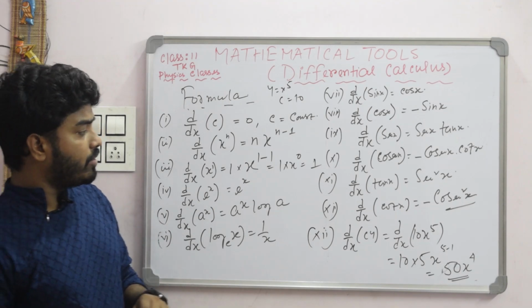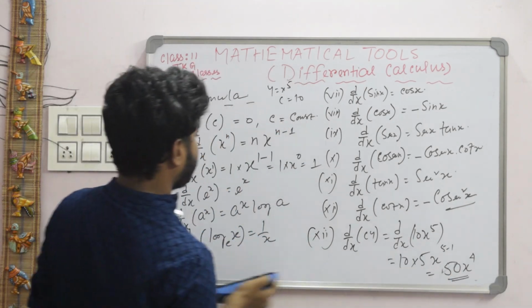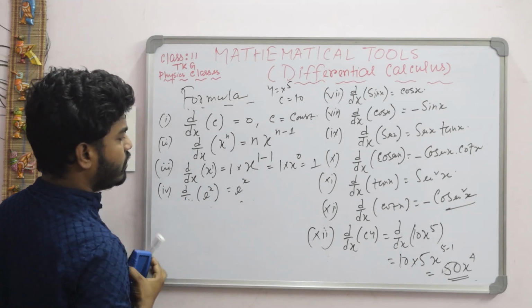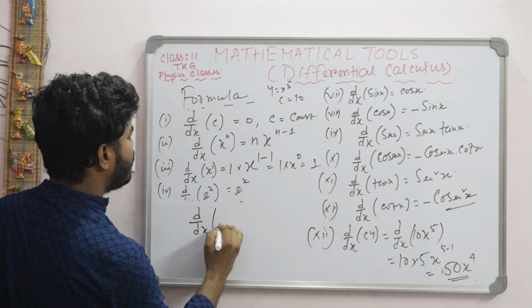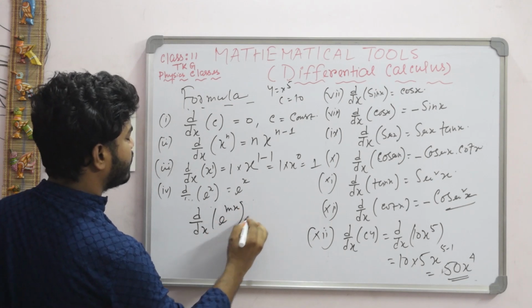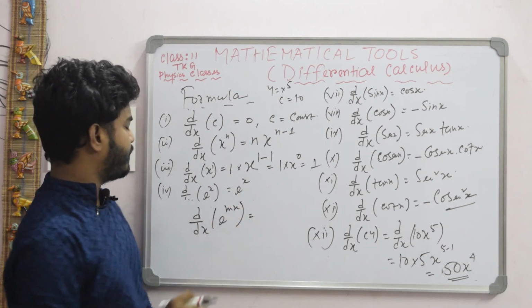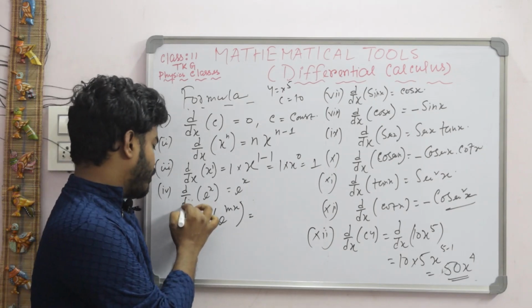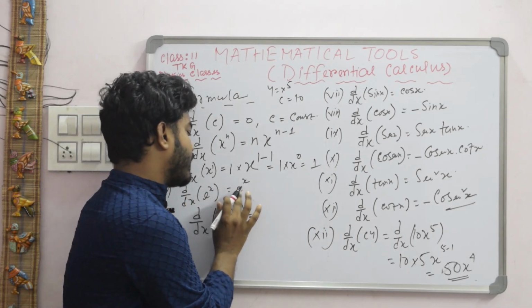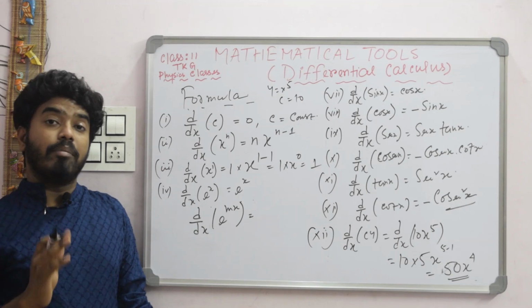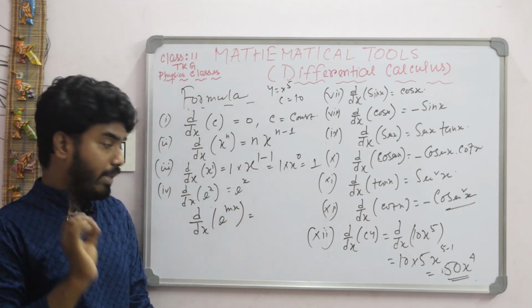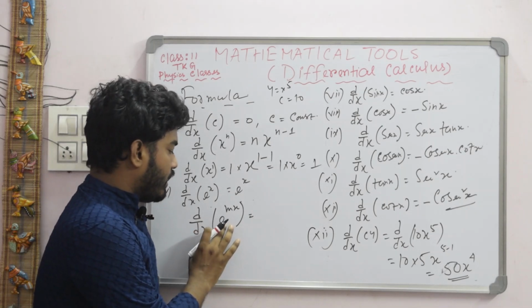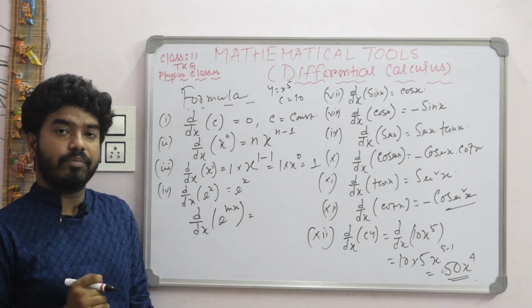Another part. Suppose there is a question, you need to solve this one: d/dx of e to the power mx. What will be the answer? According to the formula, d/dx of e to the power x, the answer is e to the power x. But here it is given d/dx of e to the power mx, that means this function depends upon m and x.